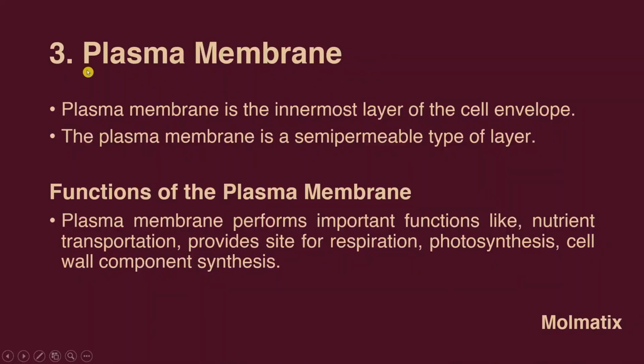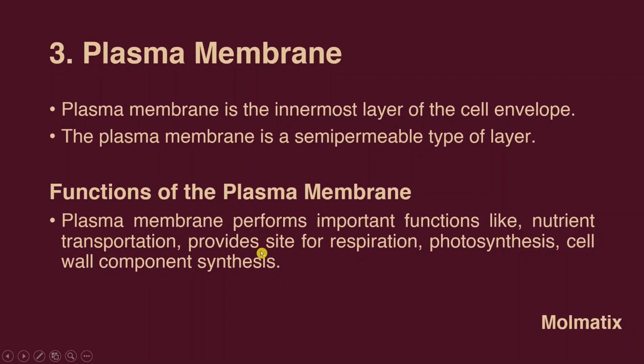Plasma membrane, the last layer. The plasma membrane is the innermost layer of the cell envelope, and it is a semi-permeable layer. Functions of the plasma membrane: it performs functions like nutrient transport.